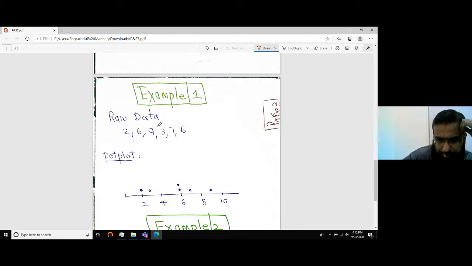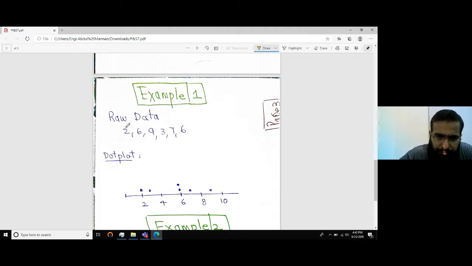In this example, how do you plot it? We'll write the axis as 0, 2, 4, 6, 8 and 10, and we'll navigate through this data.